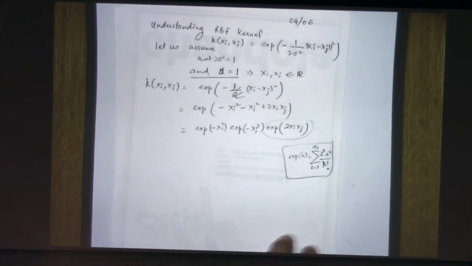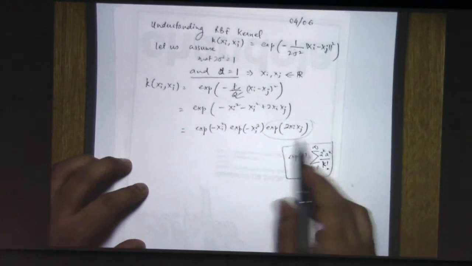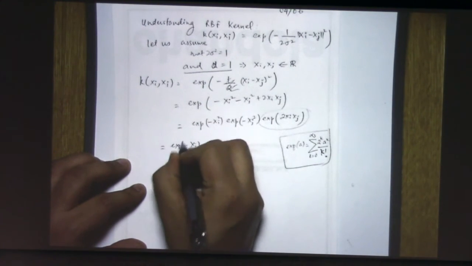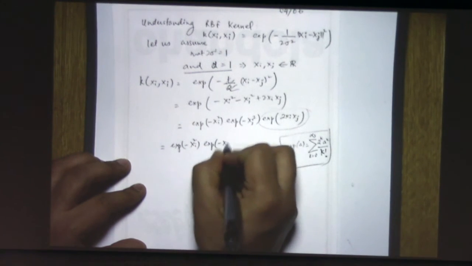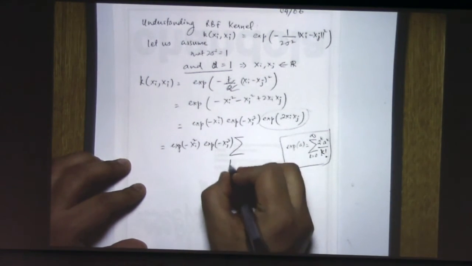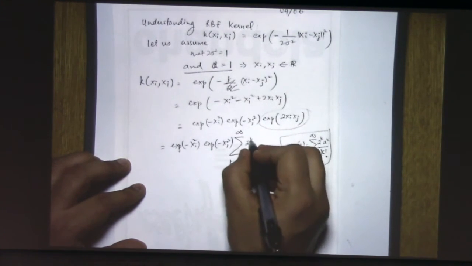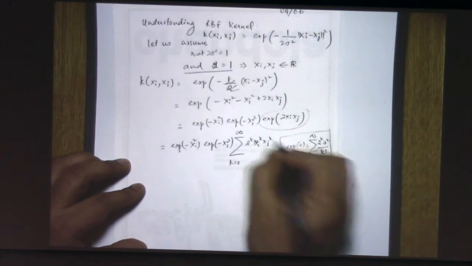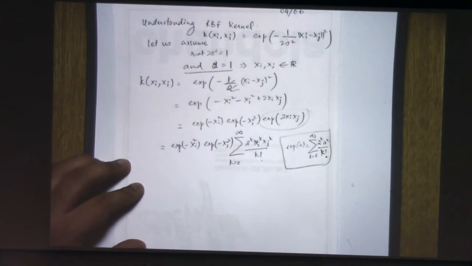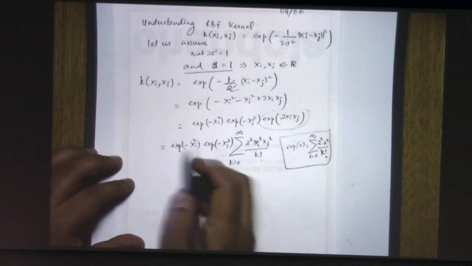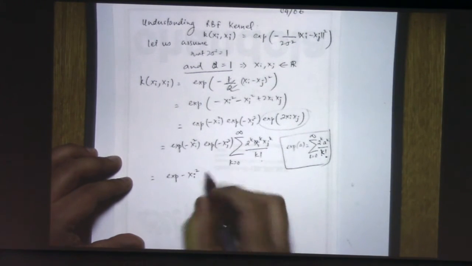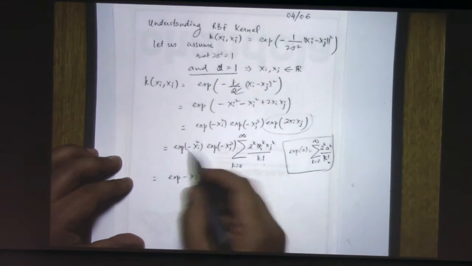This part is not very related to the course in general, so don't worry about the exact expressions. But the idea is this. I can replace this by exp minus xi square, exp minus xj square, summation k equal to 0 through infinity 2 power k, and then instead of a, this is xi xj, so xi^k xj^k divided by k factorial. Or you can bring these inside because these are not dependent on k at all.